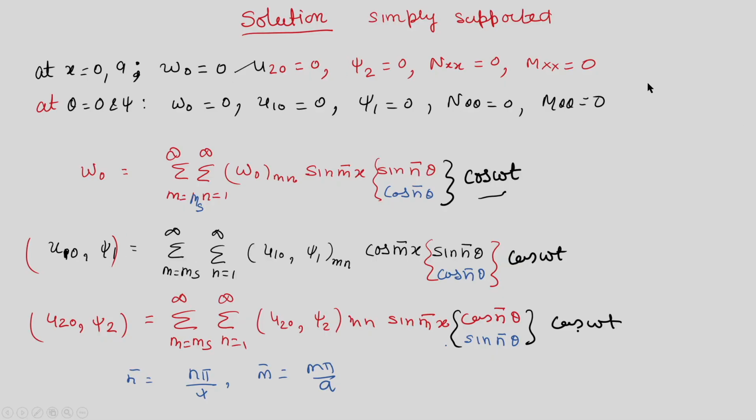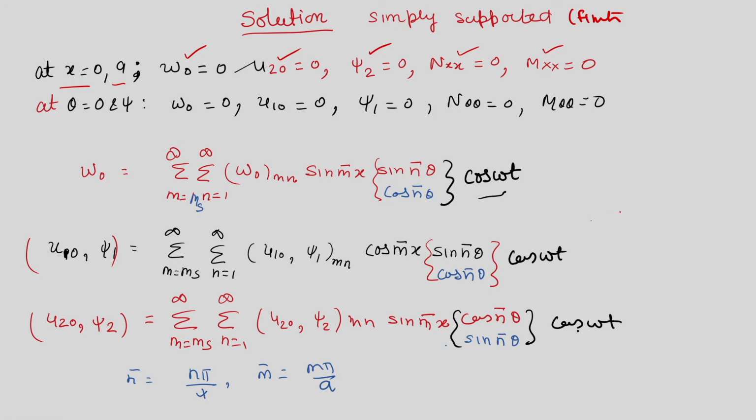For the case of a simply supported finite shell, along x equal to 0 and x equal to a, the variables w0, u20, psi2, nxx and mxx need to be 0.